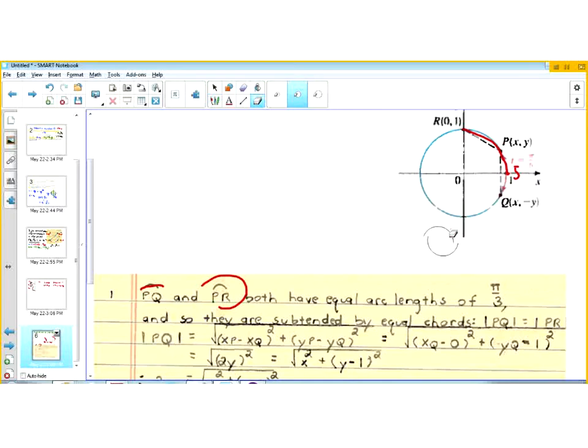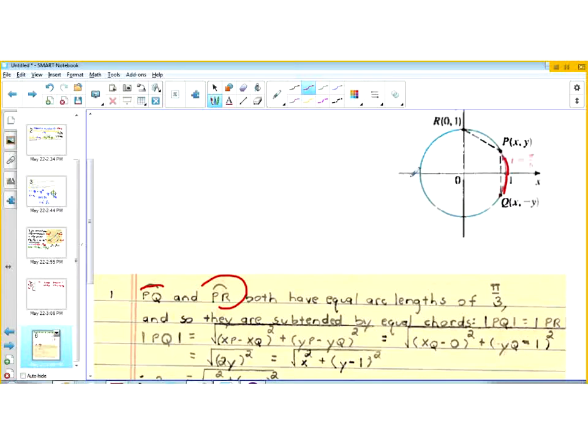Now for PQ, well, Q is the symmetric counterpart with respect to the x-axis of point P. For point Q, we know that this distance is pi over 6, and since Q is the reflection of P about the x-axis, this distance must also be pi over 6.